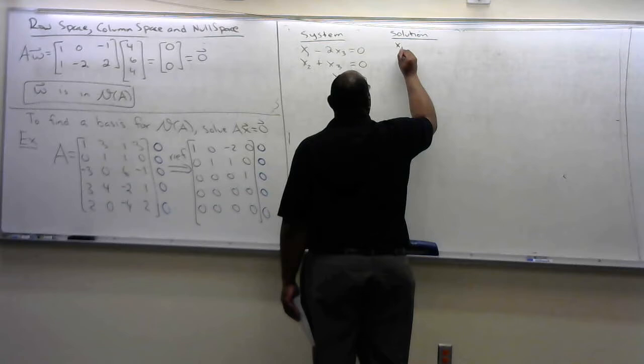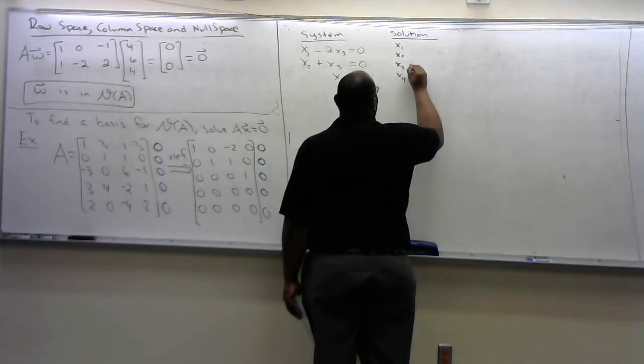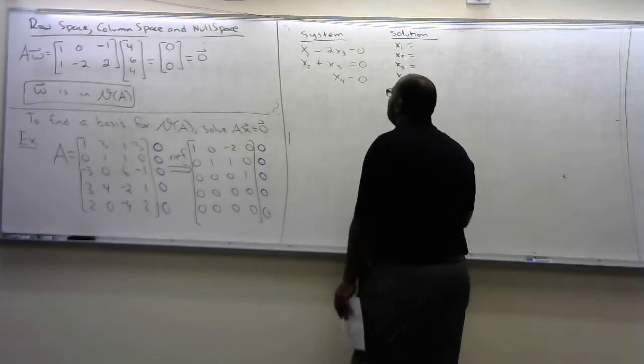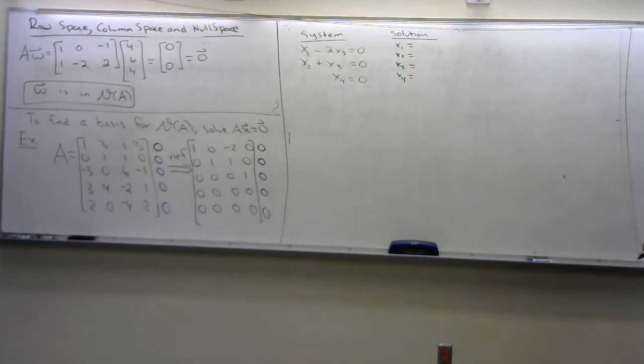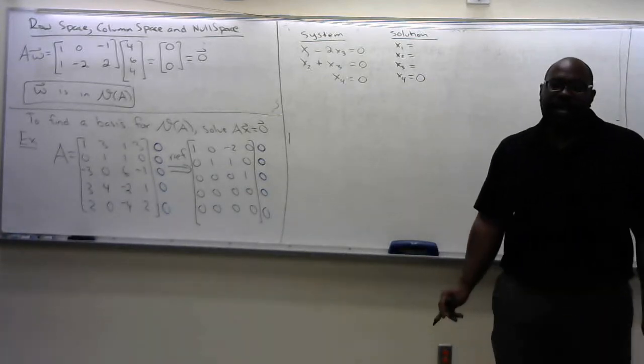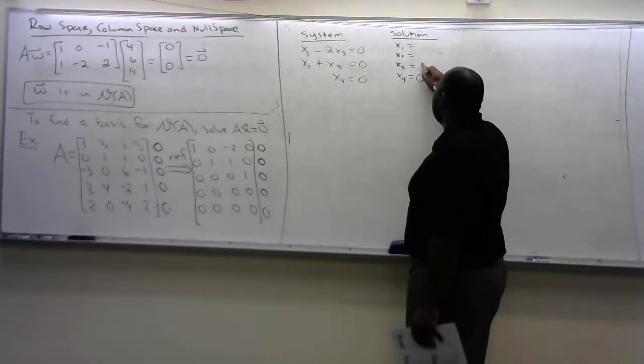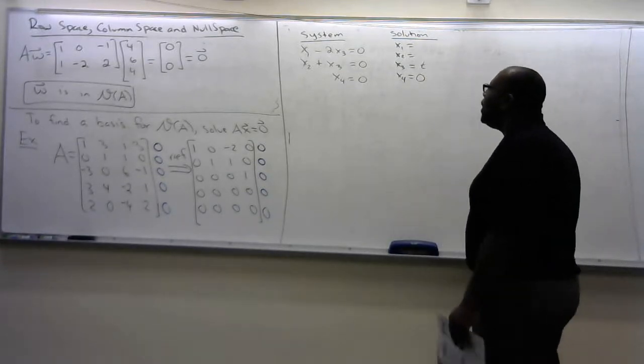I have x1, x2, x3, x4. x4 is always 0. That doesn't change. What is x3 equal to? The answer is anything it wants to be, so I'm going to call that t. What is x1?